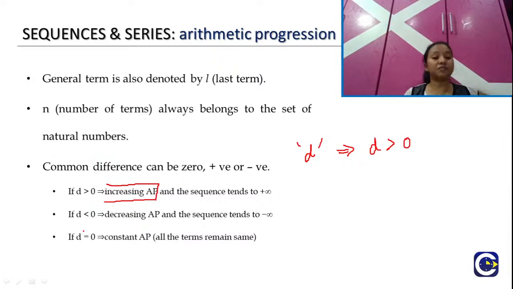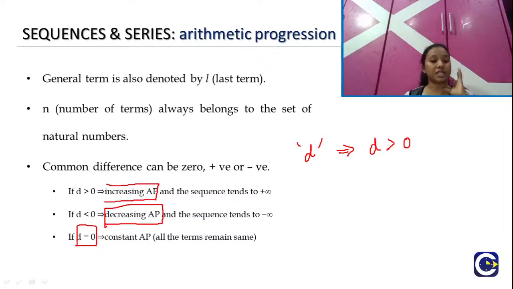Same thing if our D is less than 0. It's obvious that when the common difference is less than 0, it will tend to negative infinity. That means the sequence tends to minus infinity, which indicates that the arithmetic progression will be decreasing. Right. And the third case is when D equals 0.